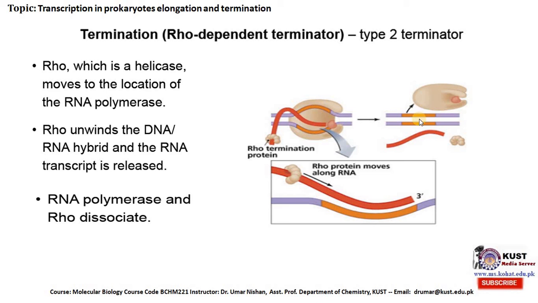This is the template DNA. So the movement of this rho protein along this RNA happens, and this overall results in the process of termination. And this type of termination is called rho dependent terminator. That means that this type of termination depends on the protein rho.